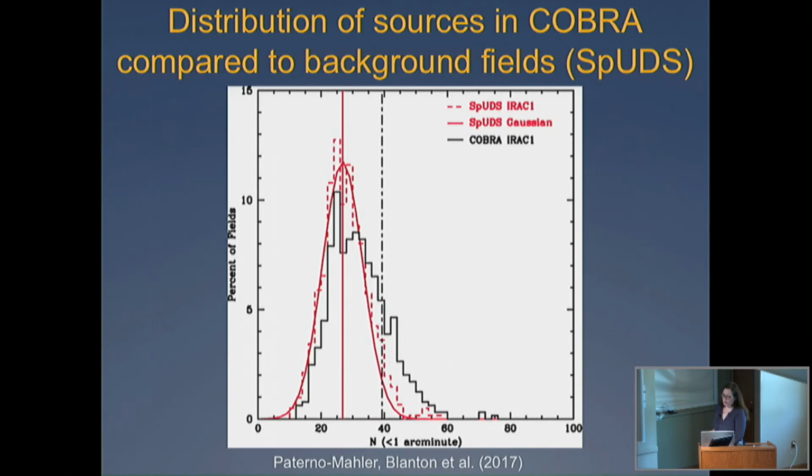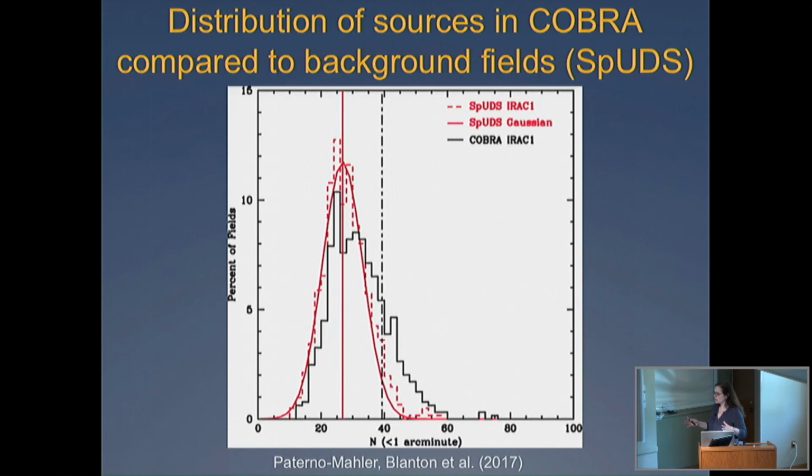So looking more at the Spitzer observations and how we determine cluster candidates there, this is from the dissertation of Rachel Paterno-Mahler. So what she did here, there are 2 histograms here. The black is showing us the percent of fields that have some number of galaxies within an arc minute.